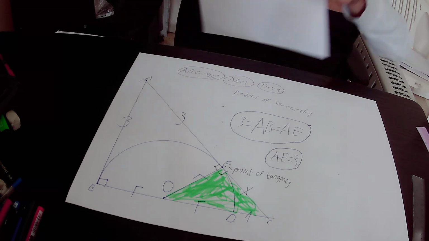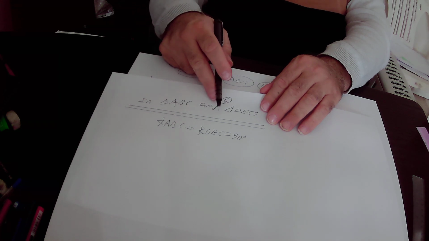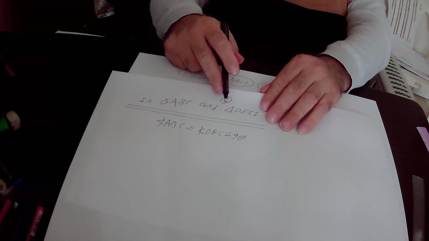Okay, so angle ABC equals angle OEC, and both equal 90 degrees, they are right angles.